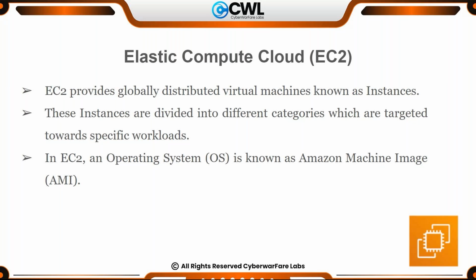It also offers flexibility in terms of computing power, storage, networking options, making it suitable for a wide range of use cases, from simple web hosting to complex data processing tasks. OS for EC2 instance is known as AMI, which is Amazon Machine Image. So AMI is a template that contains the software configuration required to launch an EC2 instance in the AWS.